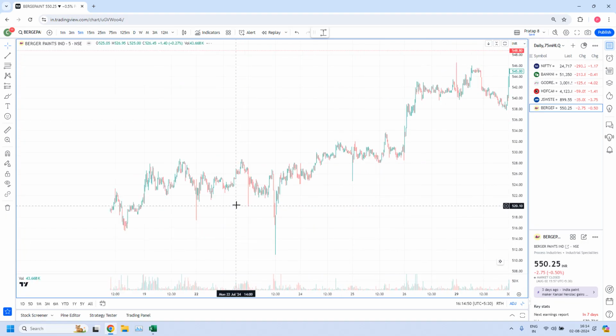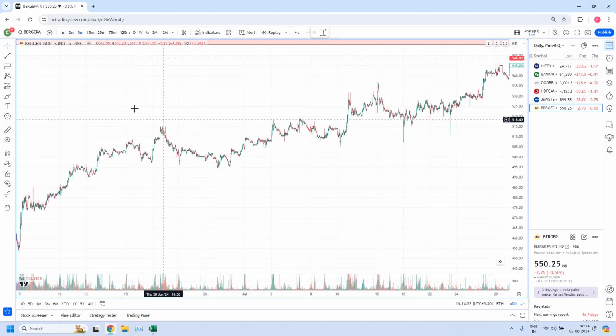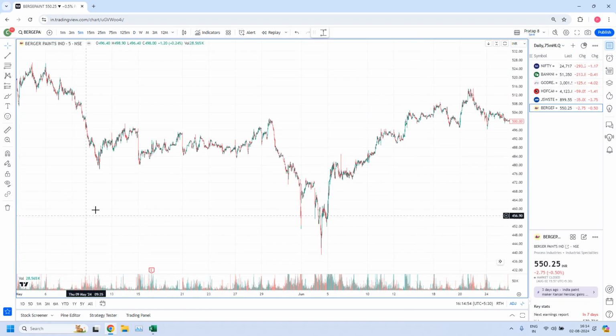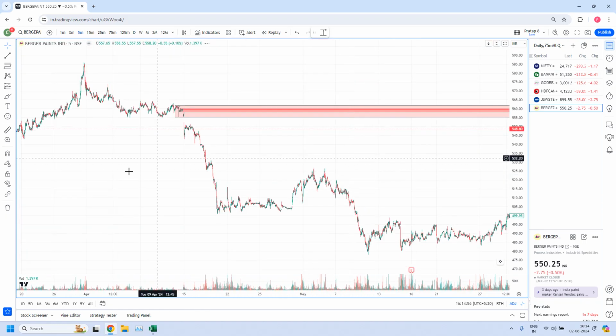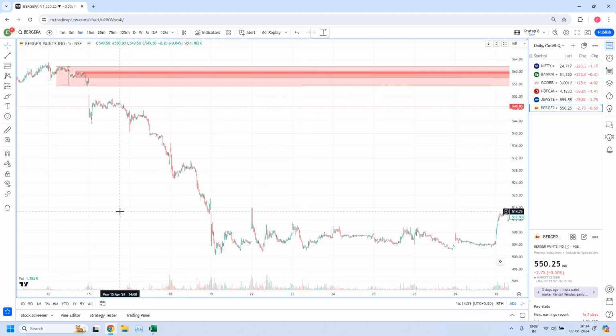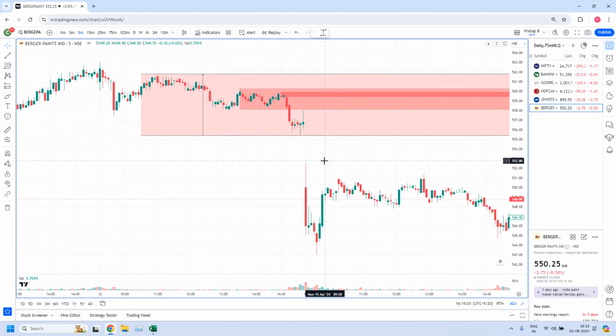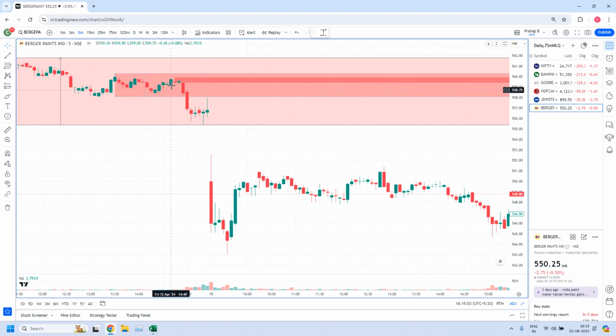How did I fine-tune with 5 minutes? Let me show you. So we have a rally, two base candles, and then a drop candle, a follow-through candle. And there is a good move from here.